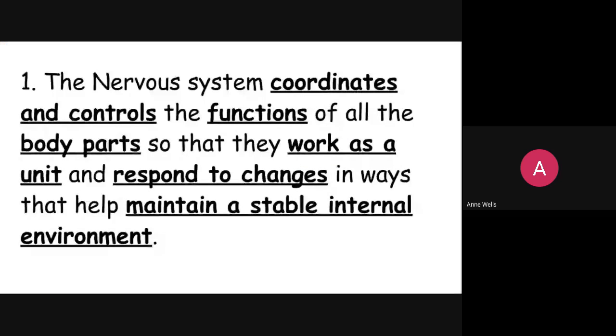All right, so here we go. Starting on the first section, we're just going to establish what the nervous system is and what its jobs are. So the nervous system coordinates and controls the functions of all the body parts so that they work as a unit and respond to changes in ways that help maintain a stable internal environment.